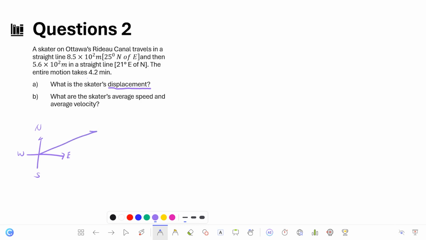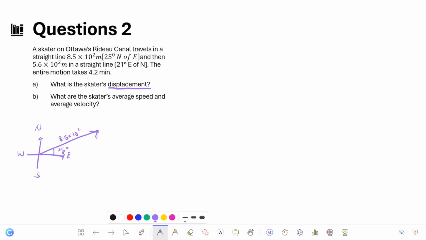So going in this direction, north of east, 25 degrees, the distance is 8.5 times 10 to the power of 2. And then 5.6 times 10 to the power of 2 meters in a straight line, but now it changed to 21 degrees east of north.